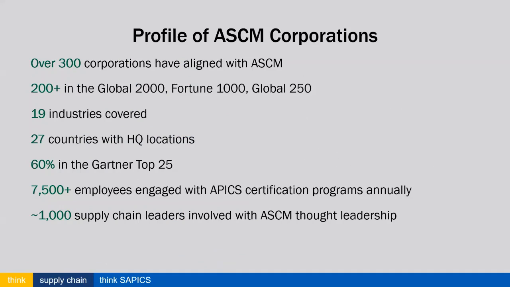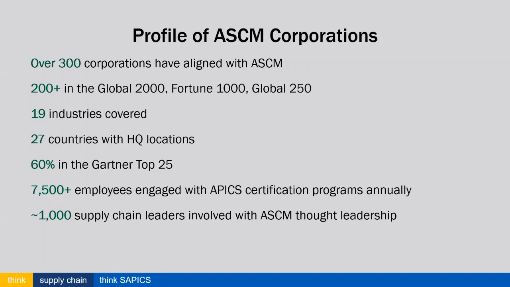ASCM has aligned with over 300 corporations from across the world. We have over 200 Global 2000 corporations, and the same as well for the Fortune 1000 and Global 250. We're covered in about 19 industries, with headquarters in different countries of the world.